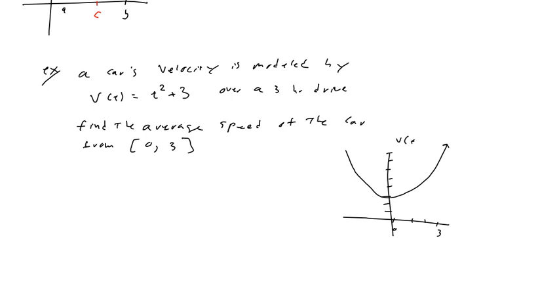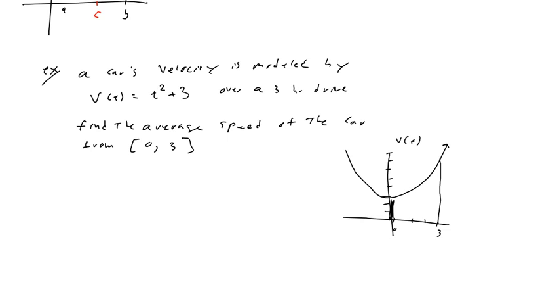The velocity function would look something like this, and we want to know the average velocity from 0 to 3. What's the average speed of the car? Is it 5 miles an hour? 10 miles an hour? What's the average speed of this vehicle?